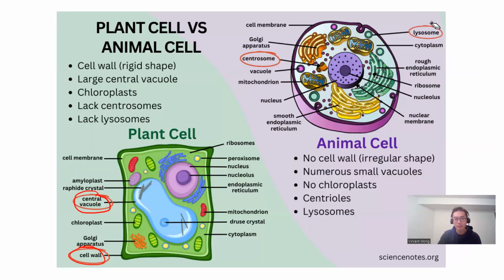The plants don't have them. It says centriosome here, but we call it centriole. There is a slight difference, but we don't care. It's already too much information. So there are some things that are found in animals and not plant, and some are found in plants and not animal. You can go through the list later.